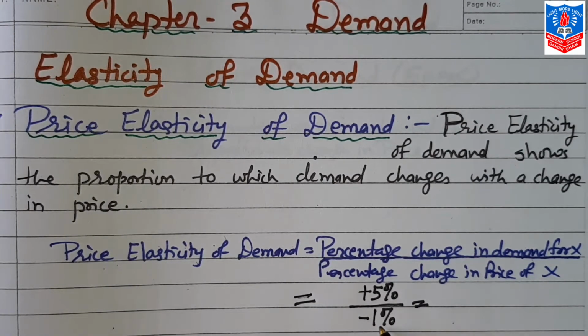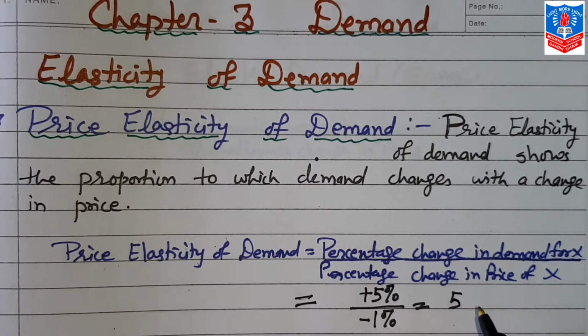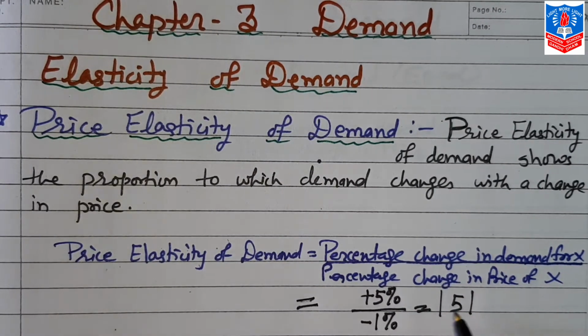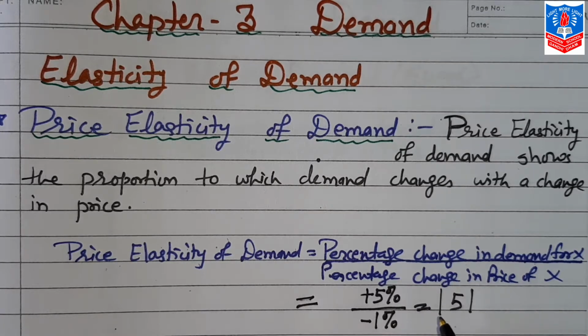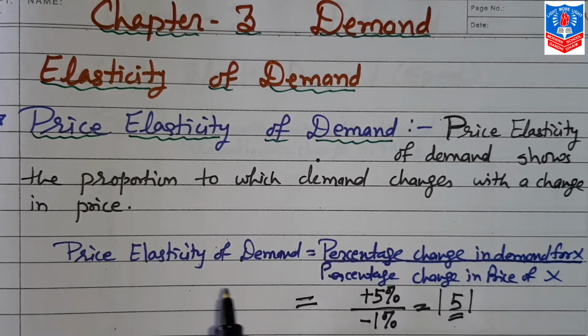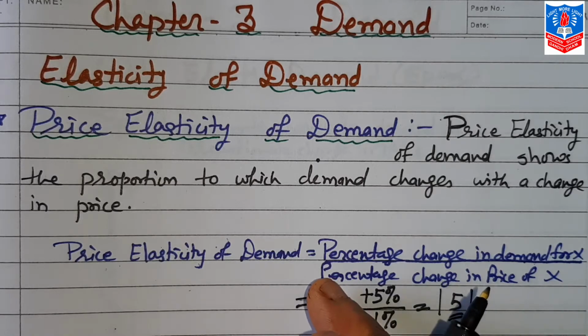So 5 divided by 1 of course will be 5, but it will be minus; however, this will never be written in minus, because we always write in the form of modulus, which you know, where a negative value is converted into positive form. So because of a decrease in the price of 1%, there is an increase in the demand of 5%. So this 5 is the price elasticity of demand.